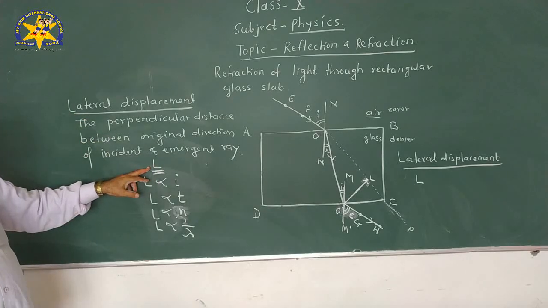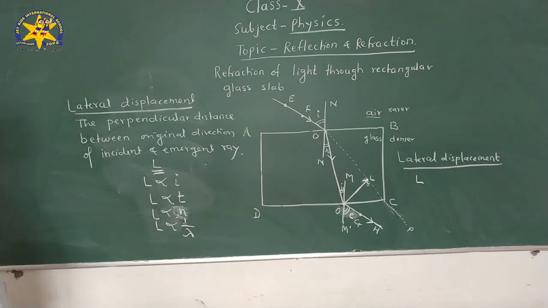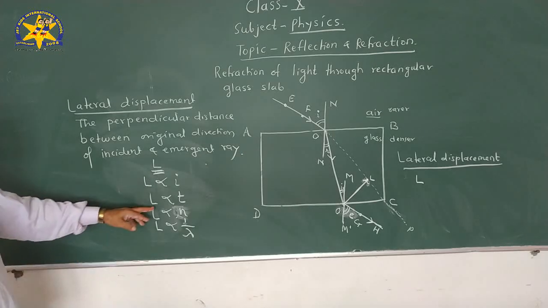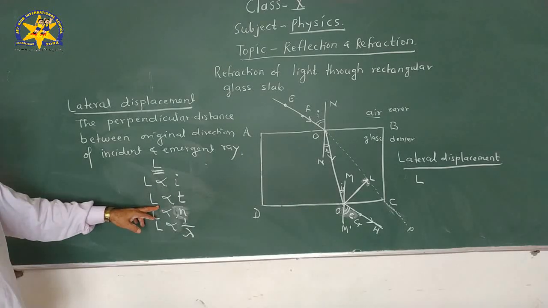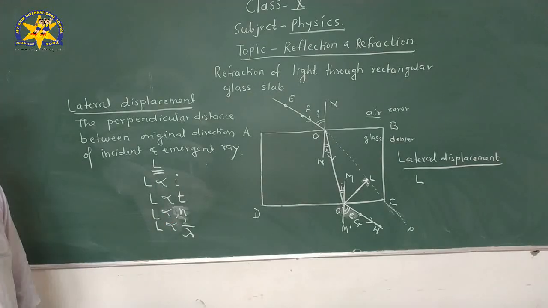It is denoted by the letter L. It is directly proportional to the angle of incidence, the thickness of the glass slab, and the refractive index of the glass slab, and inversely proportional to the wavelength of the light.